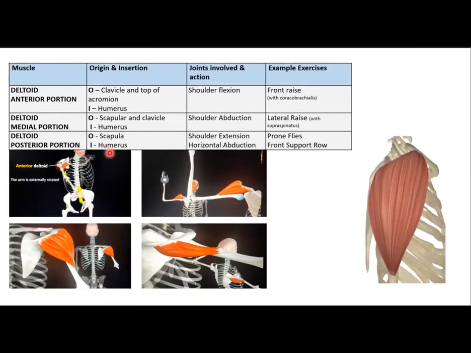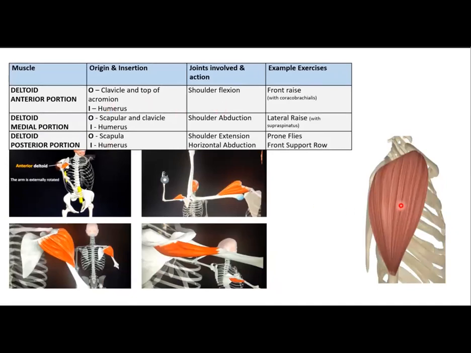So now this one is your shoulder muscle, which is your deltoid, and it has three parts. It has the front, medial part, and the back. Okay, so the origins are a little bit different for each. So the anterior portion is the clavicle, which is here.